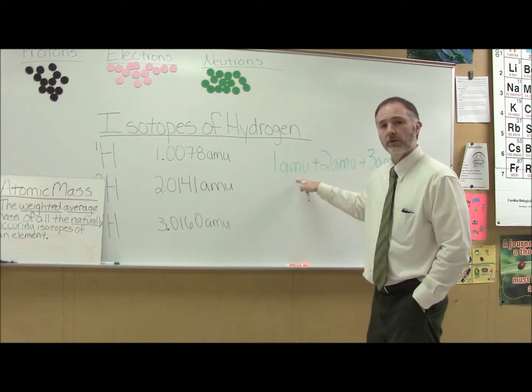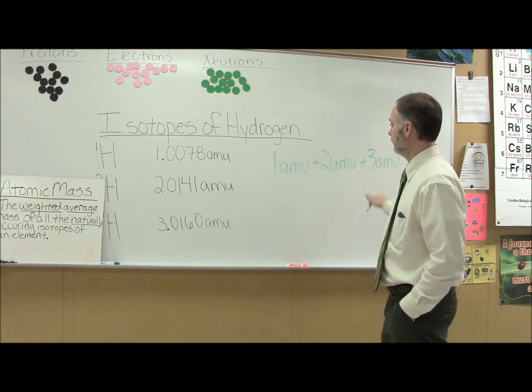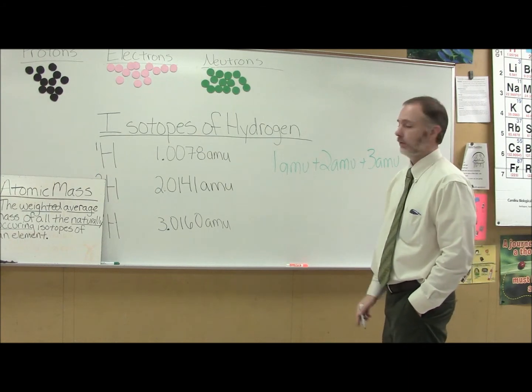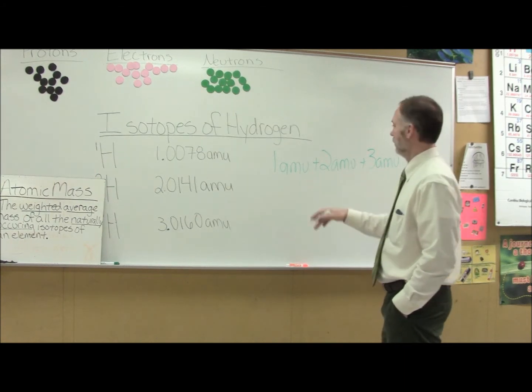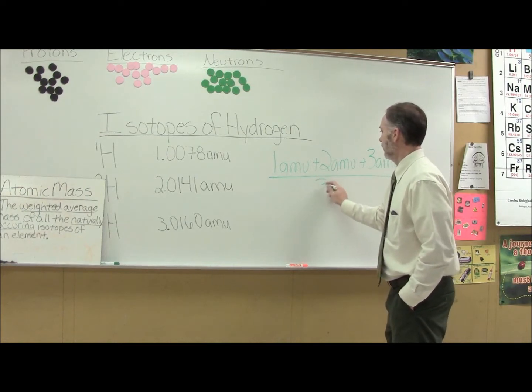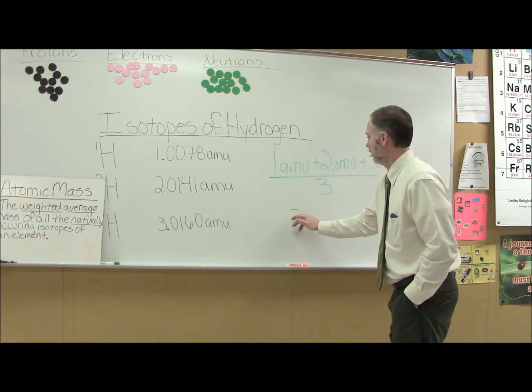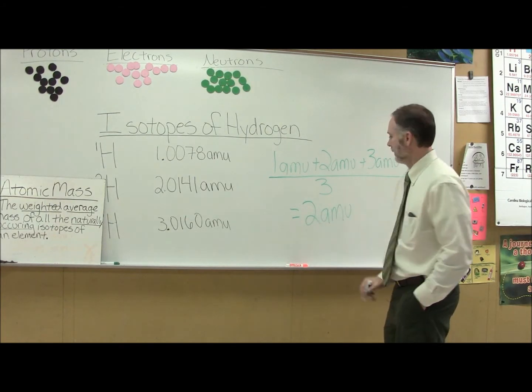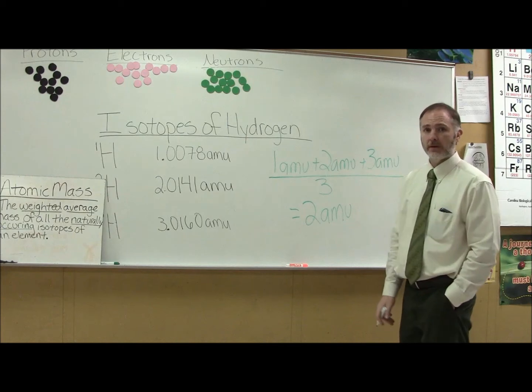What you would normally do to take the average of this is add all these together, and then divide it by how many things you're adding together, which is three numbers. So 1 plus 2 plus 3 divided by 3. That comes out to 2 atomic mass units.